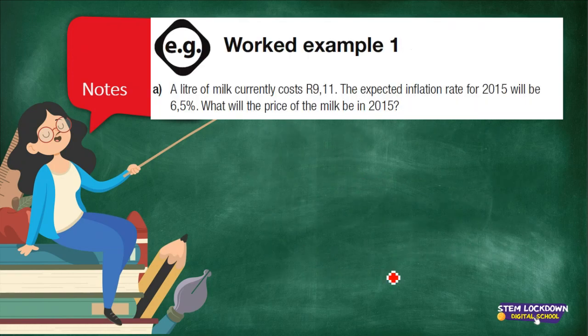Okay, let's look at examples, right? With examples, we are looking at basic examples. Remember, when they calculate inflation, they use what is called a consumer price index, right? Basically, they take an average increase or decrease in prices of a consumer basket, meaning items that we usually buy, maybe your bread, your milk, maybe your meat.